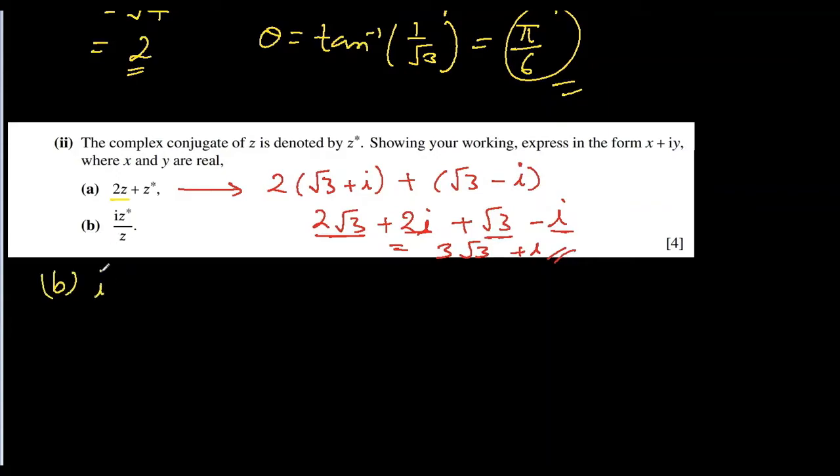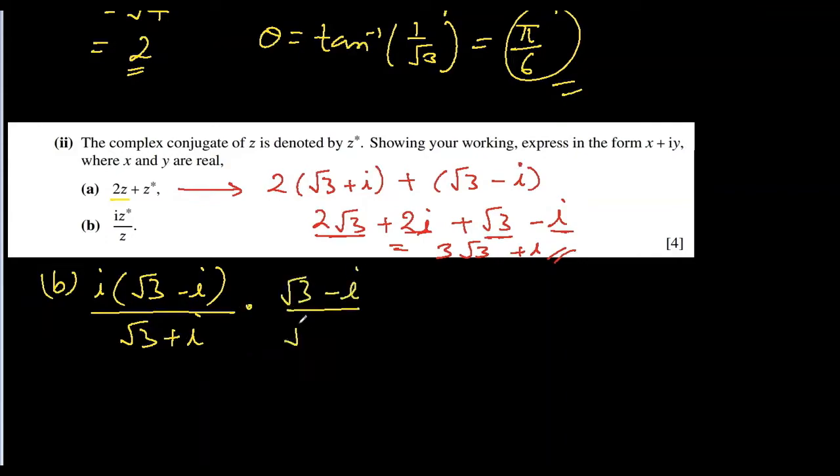i z conjugate. So z conjugate is square root 3 minus i divided by z, which is square root 3 plus i. We already know that it's a rational, and we want this format, x plus iy. That means we have to multiply this by the conjugate: square root 3 minus i divided by square root 3 minus i, the conjugate of the denominator, not the numerator, the denominator.